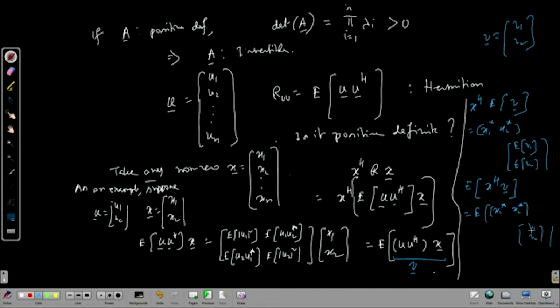So, x1 star v1, E on that, but x1 star is not random, so it will go out, x1 star just E of v1. Similarly, x2 star into this, E on that, but x2 star is not random, it will go out like here, x2 star and E of v2. So, you get the same thing, all right.